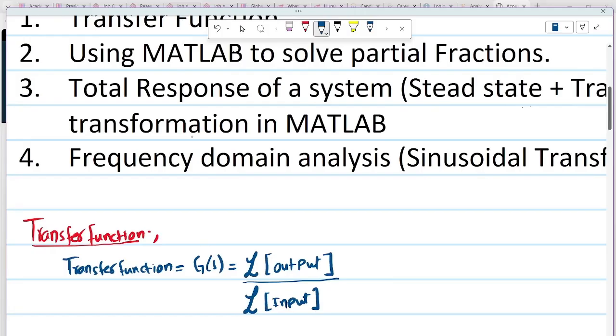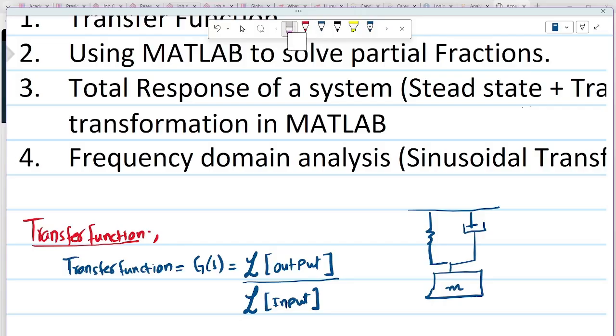So let's say you have a mass spring damper system. Let's say you have a spring here, you have a damper here, and they both are connected to the mass.